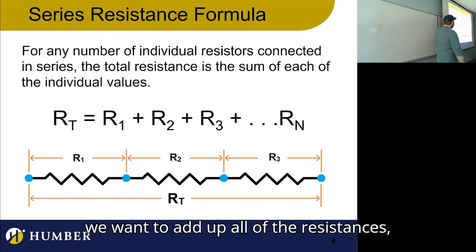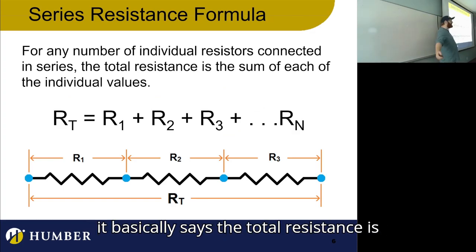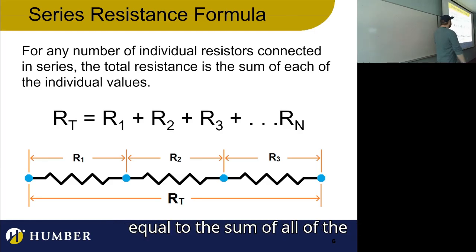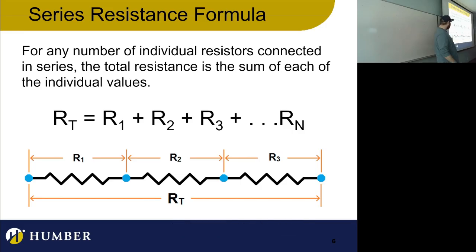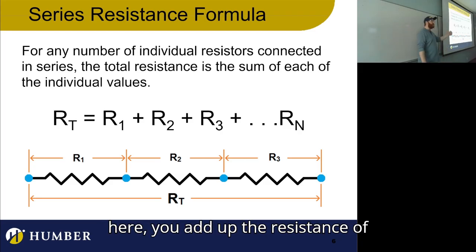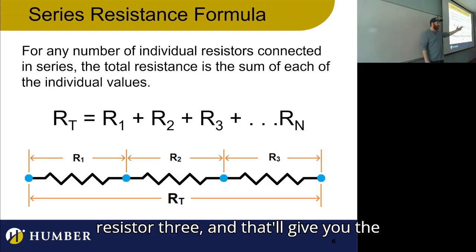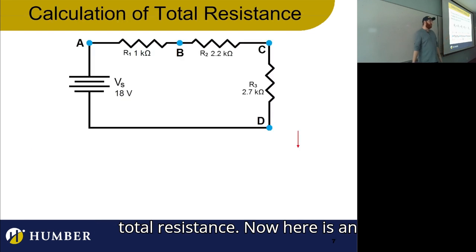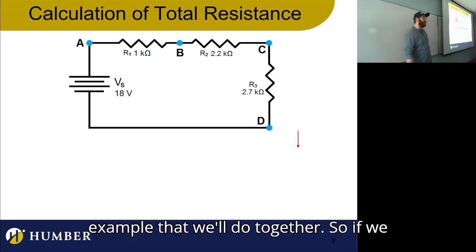Now, if we want to add up all of the resistances, it basically says the total resistance is equal to the sum of all of the resistances in the series. So if we have 3 resistors here, you add up the resistance of resistor 1 plus resistor 2 plus resistor 3, and that'll give you the total resistance. Now, here is an example that we'll do together.